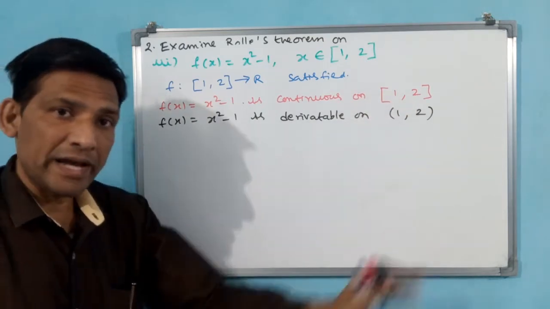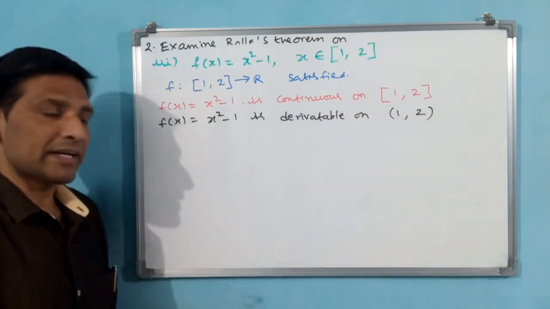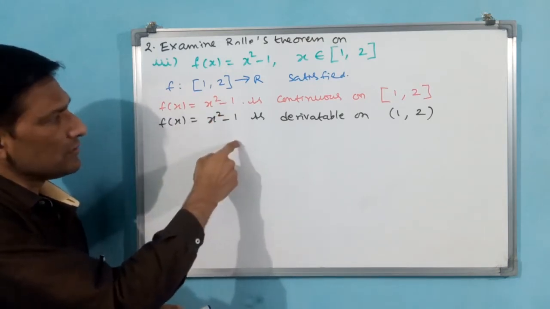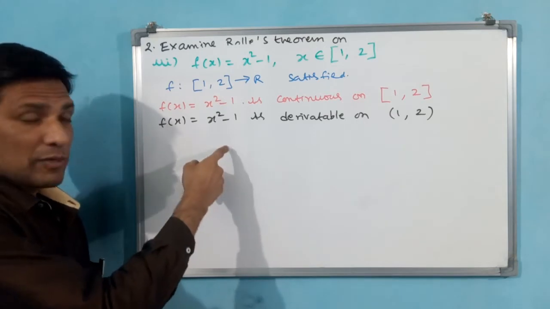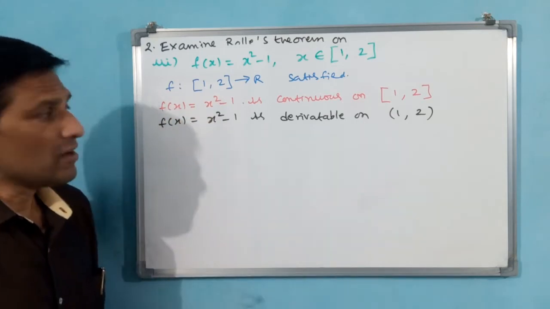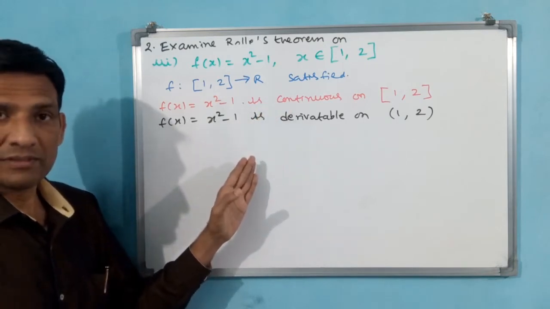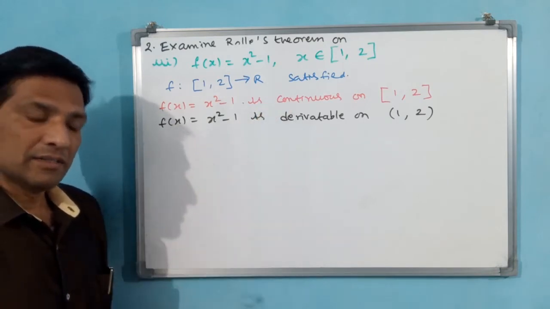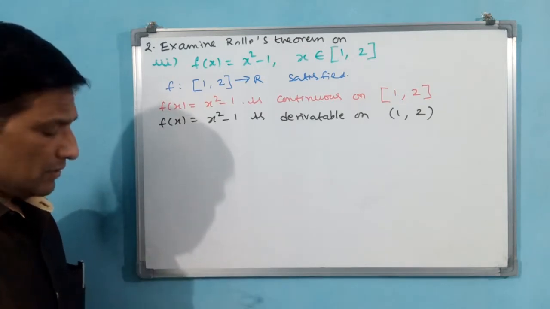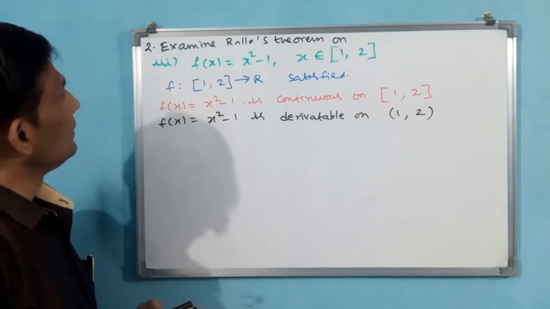It is differentiable as I have written. Is it correct? Definitely correct. Why? Because the derivative of this function is 2x. x square gives 2x, x cube gives 3x square. That means we can take the derivative. Since the derivative exists, this function is differentiable. It is already continuous and differentiable. By seeing it itself we can say this function is differentiable.